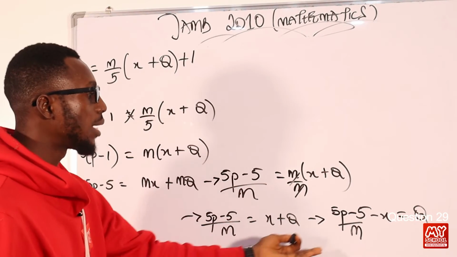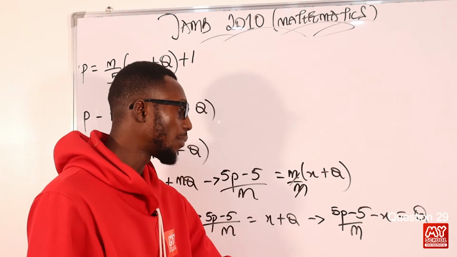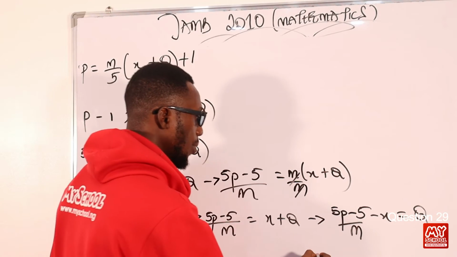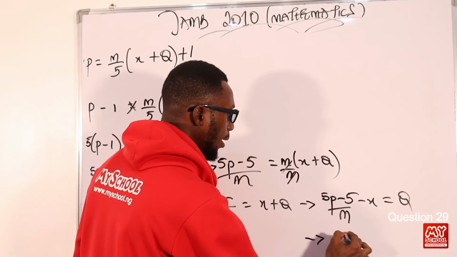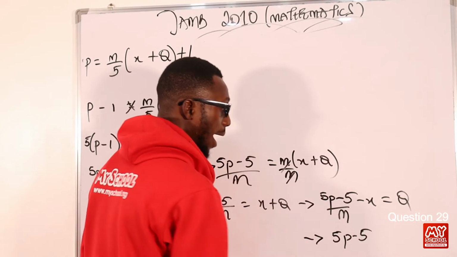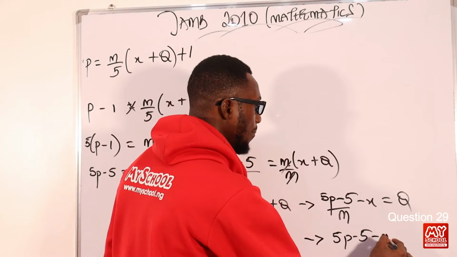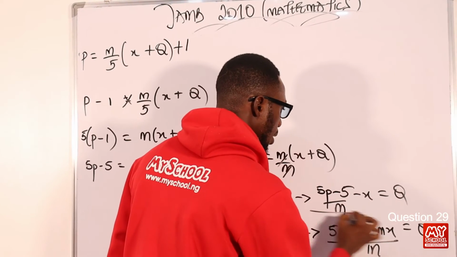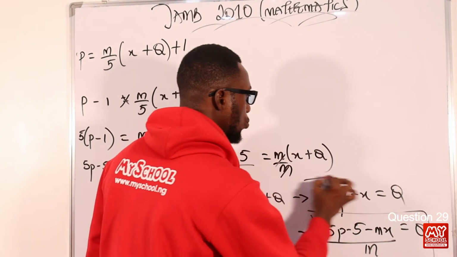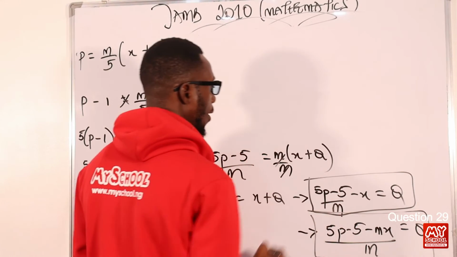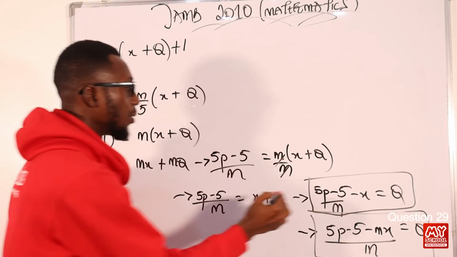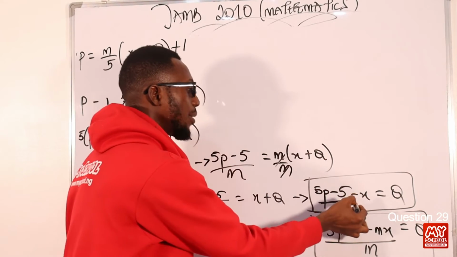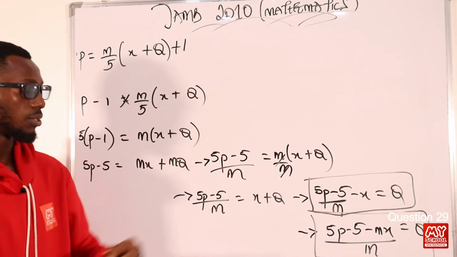If I want them to have the same LCM, I can do it as well. I can say 5P minus 5, then minus MX, all over M equals Q. So we can look for either of these two expressions in our options.